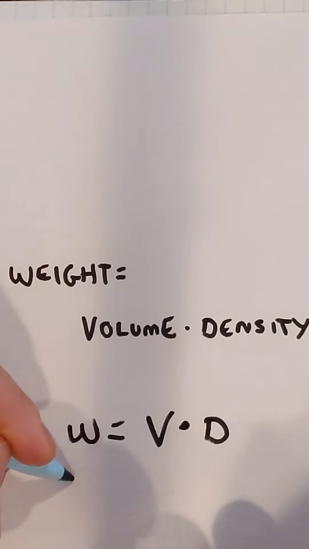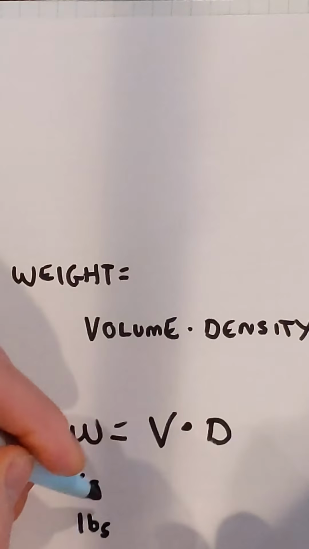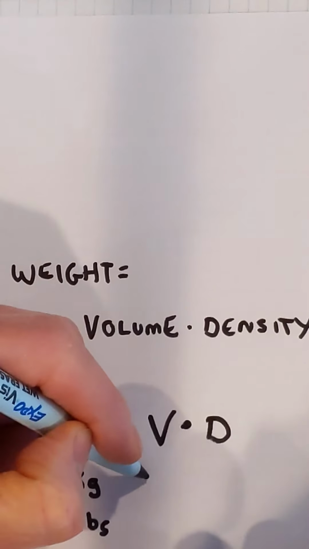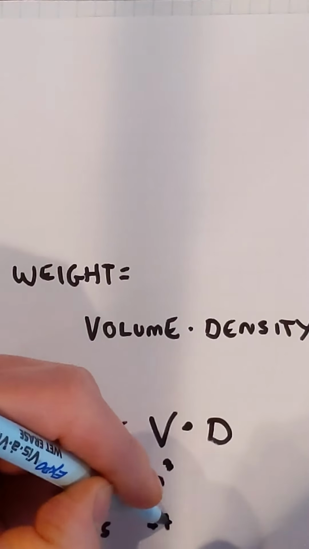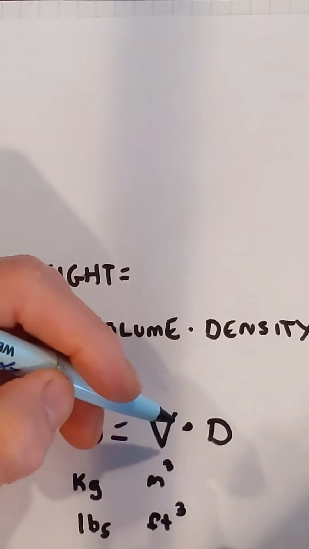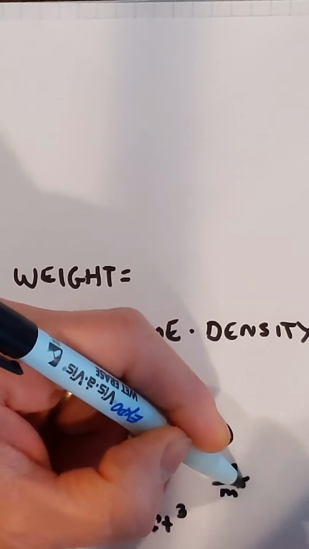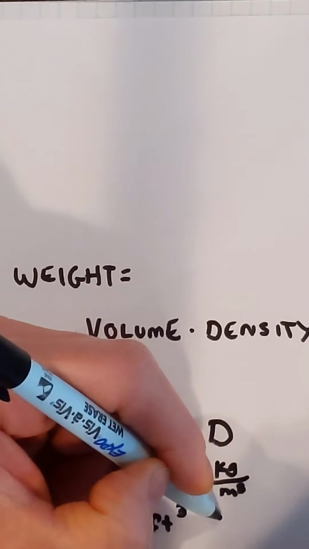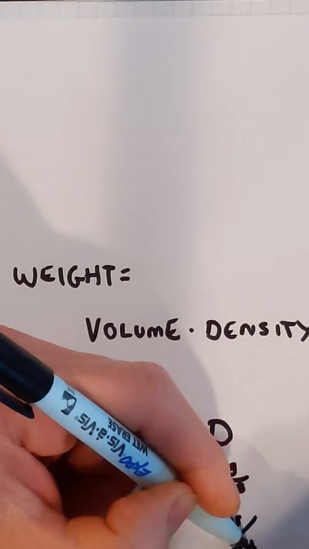Now weight is usually given in kilograms or pounds. Volume is something like meters cubed or centimeters cubed or feet cubed. And density is something like kilograms divided by meters cubed, or pounds divided by feet cubed.